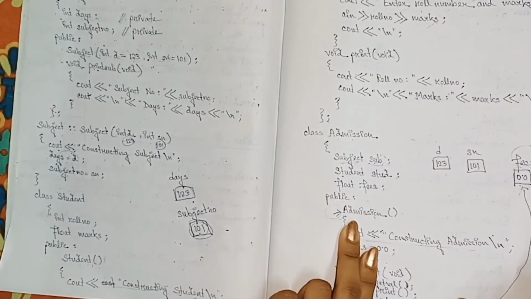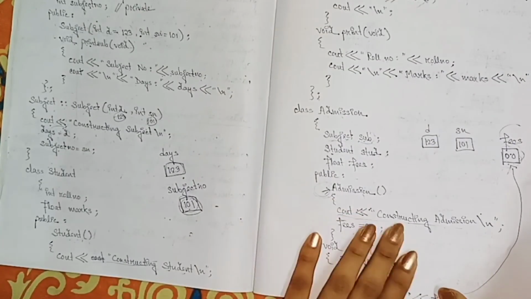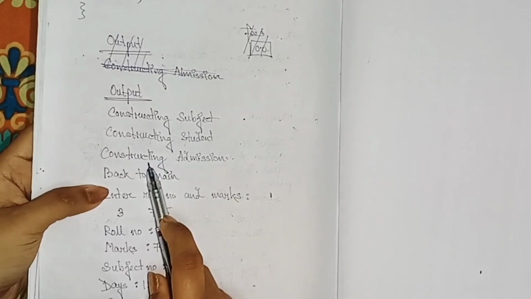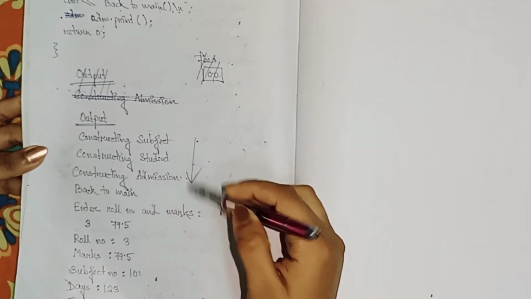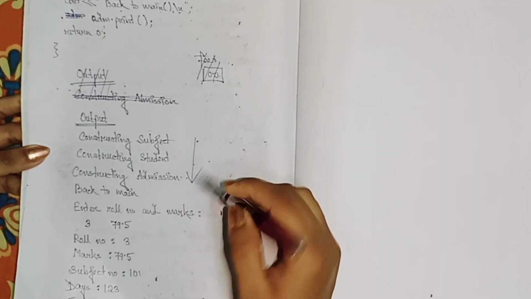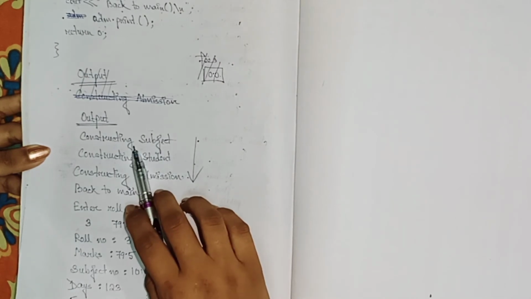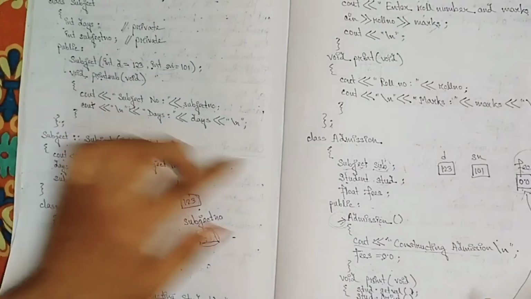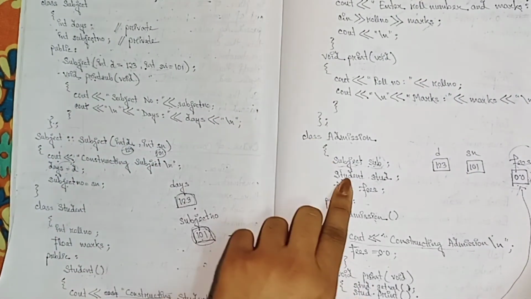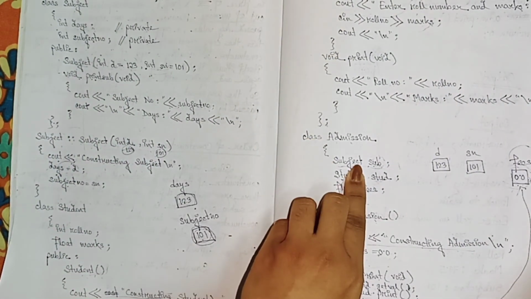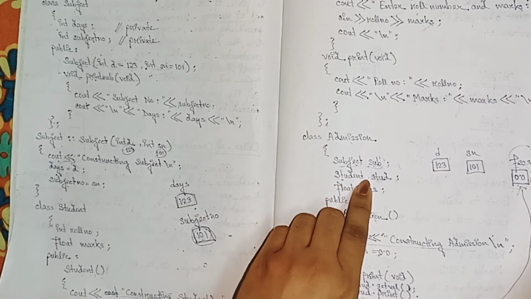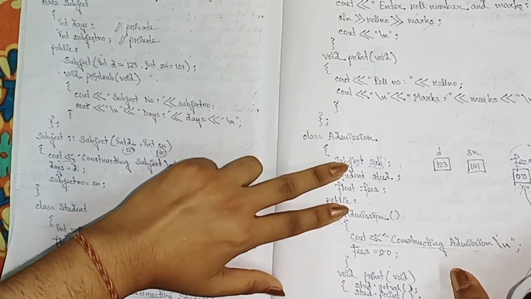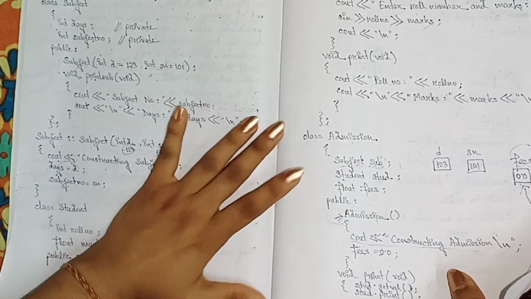Then it came to the constructor of the admission, and it constructed the admission constructor. So this is the order of the constructor invocation. First we have constructed the subject, then student, then admission, because it depends upon the order here. But if you want to change the sequence, then you can do so.